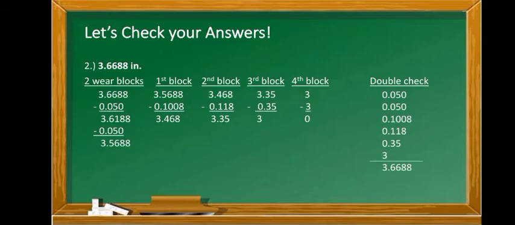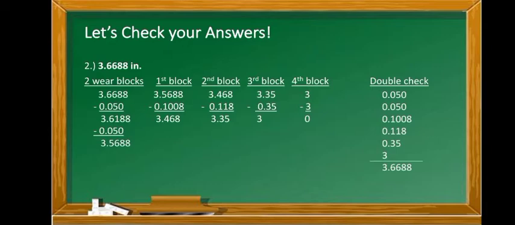Then, what we are going to eliminate is the 0.35. So, 3.35 minus the third selected block, which is 0.35, is equal to 3. So, 3 minus 3, our fourth selected block, will result in 0.